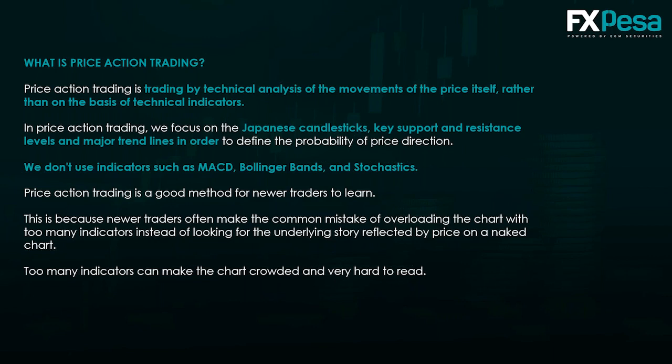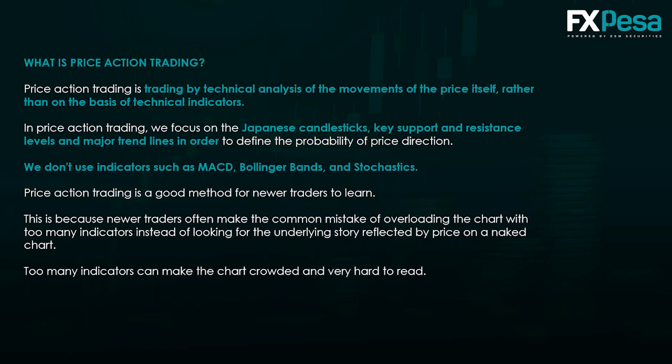So when we're trading using the price action, here you're not including the indicators like the MACD, Bollinger Band, stochastics, you can name them. So price action is a good method for new traders, of course, because new traders often make common mistakes when you are using the other indicators and then you overload them.